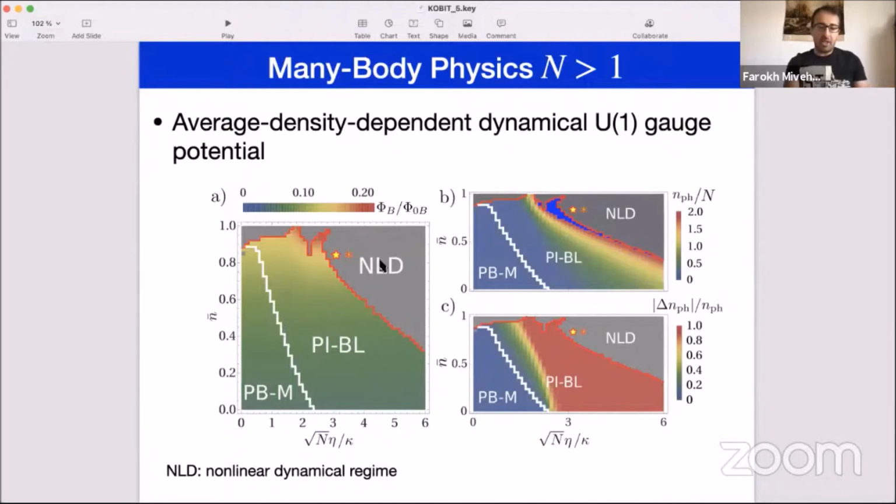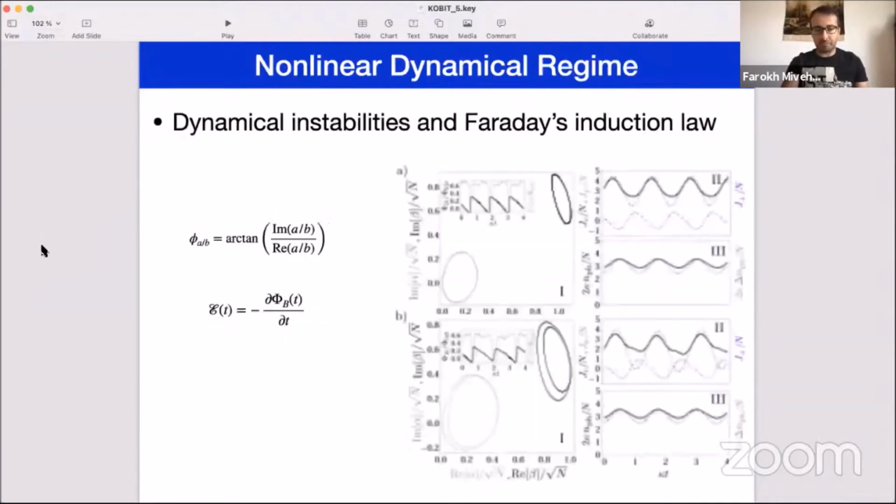But interestingly, we also identify a regime with nonlinear dynamics. So we took a closer look at the physics in this nonlinear dynamic regime. We saw that the fields display periodic and time-dependent behavior in the phase space.